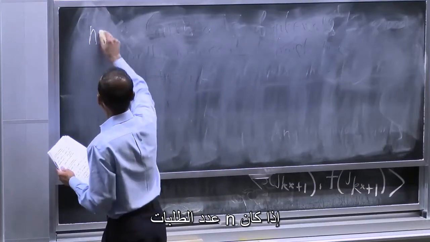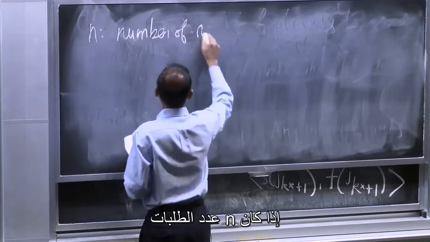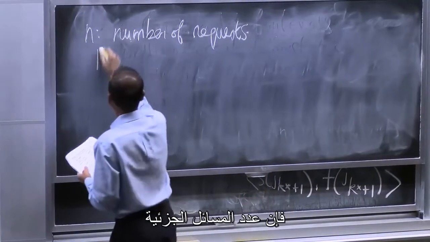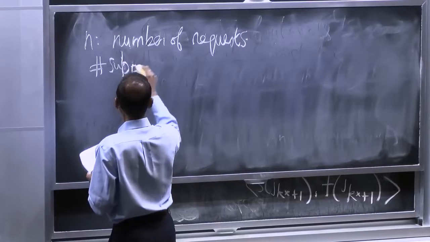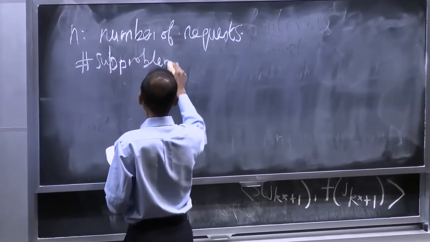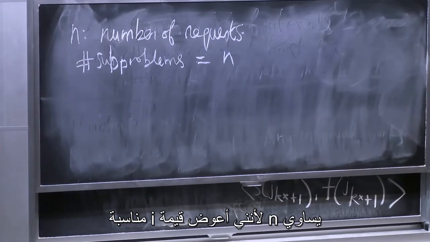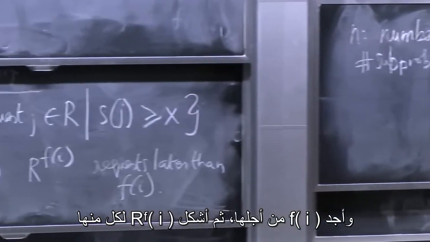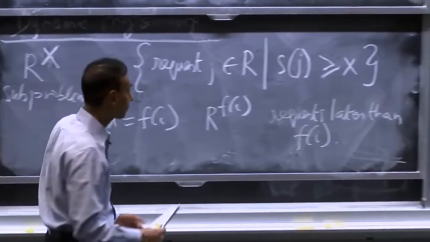So if n is the number of requests in the original problem, the number of subproblems equals n, because all I do is plug in an appropriate I, find the f of I for it, and generate the R of f of I for each of those.